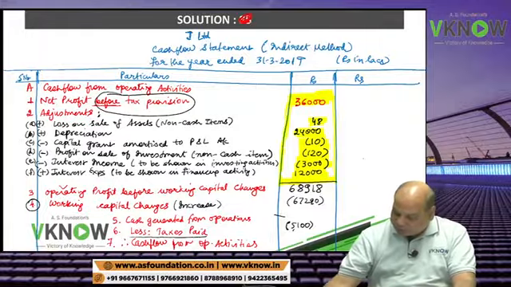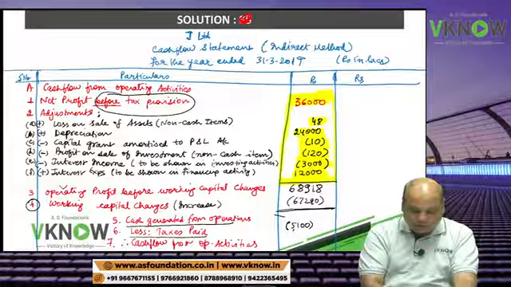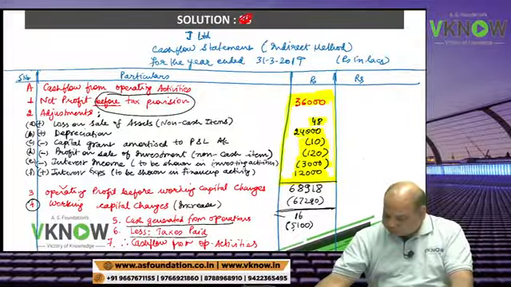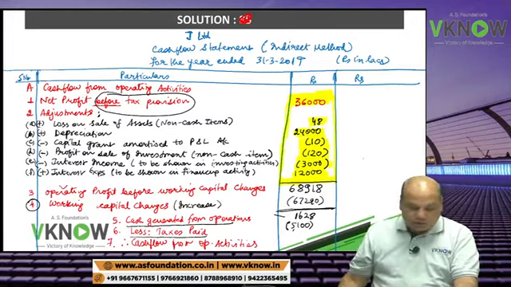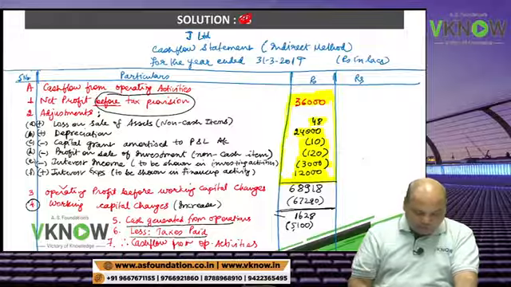68918 minus working capital changes. Again draw one line here and write down in this heading cash generated from operation: minus 67290. So 1628 is the cash generated from operation. But you have paid 5,100 rupees tax also, minus 5100.